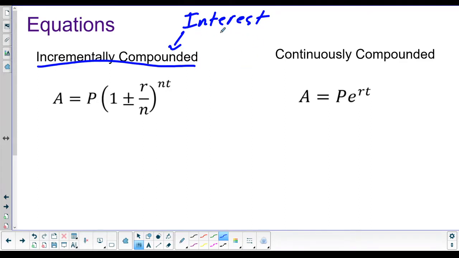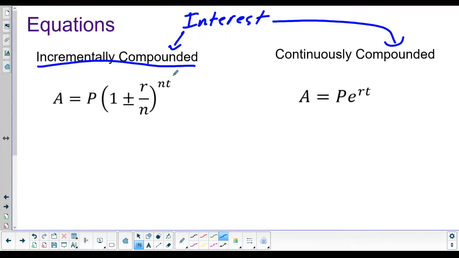What that means is someone pays you for having your money in the bank. It's like you let inflation happen to your money. So there are ways we can calculate that. There are different ways banks can do it. Either the interest happens after a set period of time and then we apply the calculation, or we can just let it go the whole time.